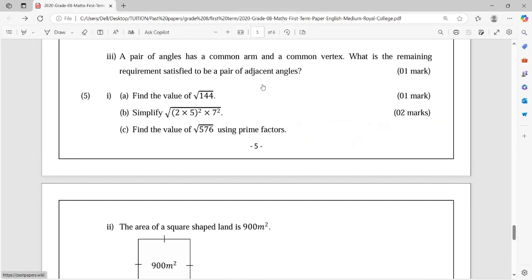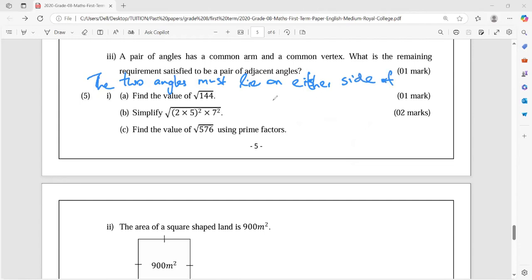The other requirement is that the two angles must lie on either side of the common arm. Right. Otherwise, those two angles are not adjacent angles.